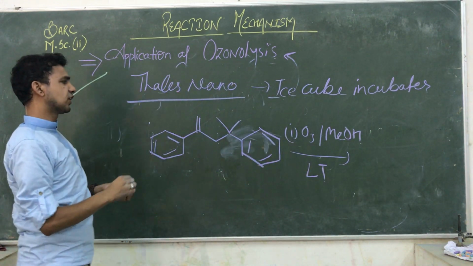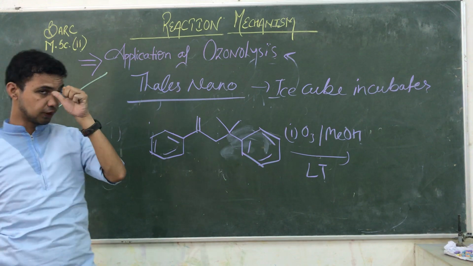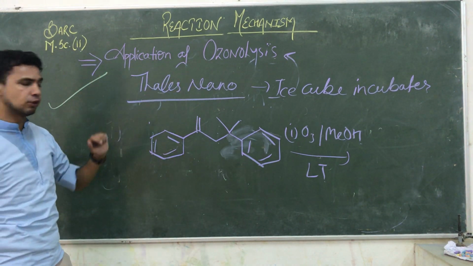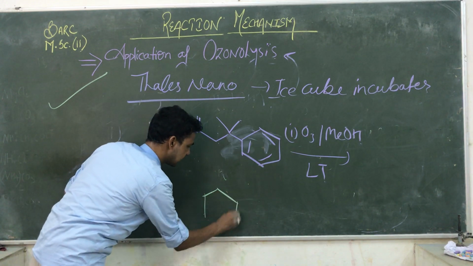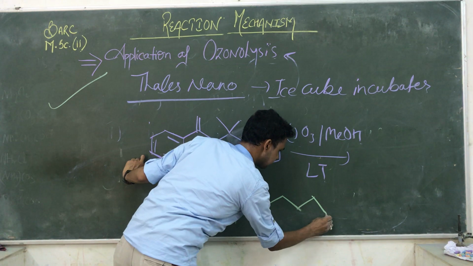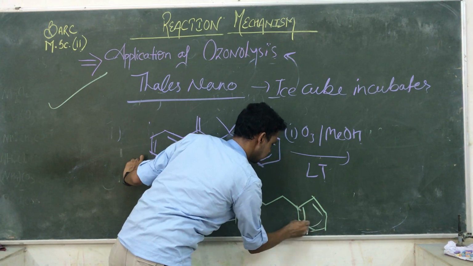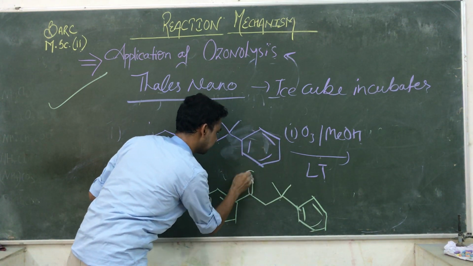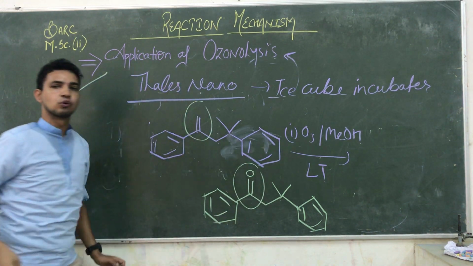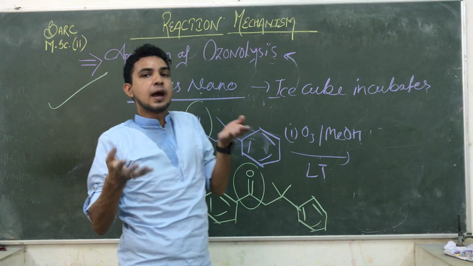It is very difficult to convert this compound into aldehyde and ketone. But by using this ice cube incubator, we are able to synthesize this compound, and it converts into a very important compound generally used as a drug, which remains and develops a ketone. That is the ozonolysis process. So these are the applications.